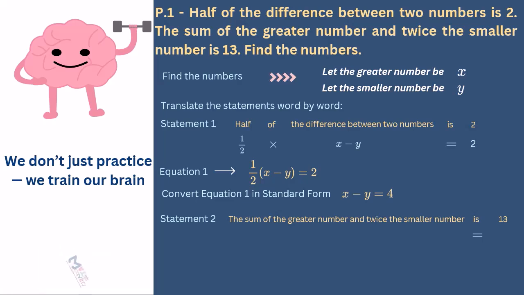The trick. Those numbers are usually separated by the word and. Here, the two numbers are the greater number, which is x, and twice the smaller number, which is 2y. So, the equation is x plus 2y equals 13.